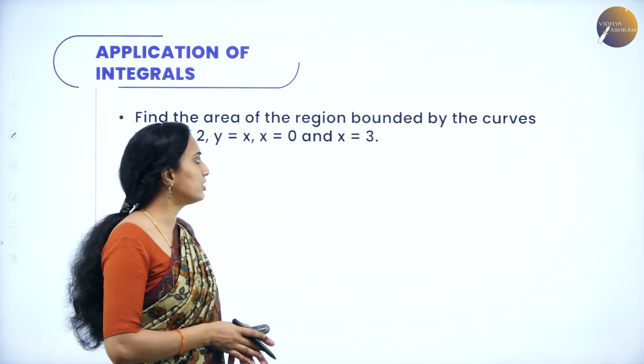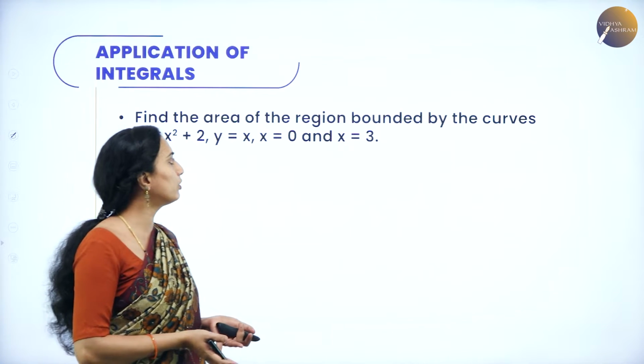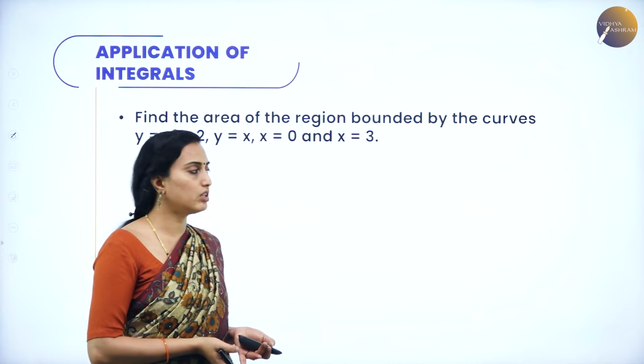Find the area of the region bounded by the curves y is equal to x squared plus 2 and y is equal to x, x is equal to 0 and x is equal to 3.